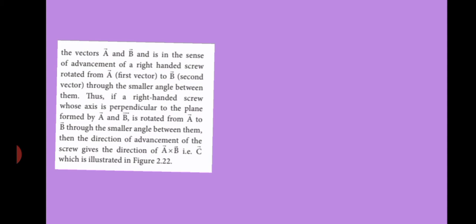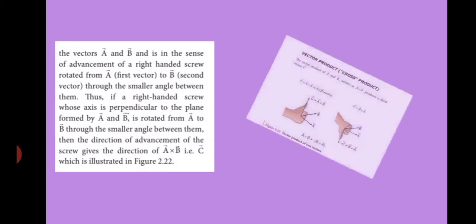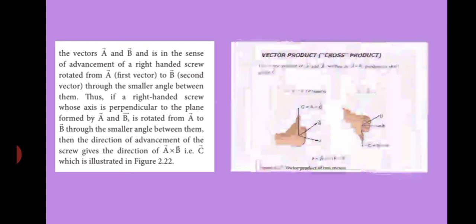Thus, if a right hand screw whose axis is perpendicular to the plane formed by A vector and B vector is rotated from A vector to B vector through the smaller angle between them, then the direction of advancement of the screw gives the direction of A vector cross B vector, that is C vector, which is illustrated in figure 2.22.